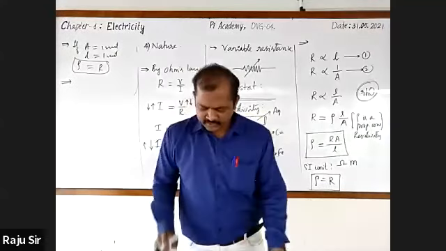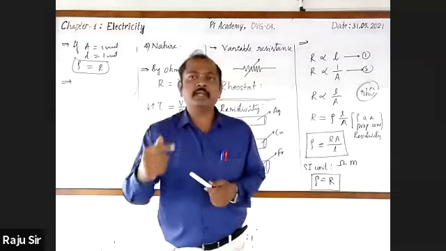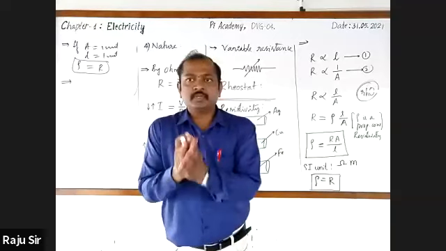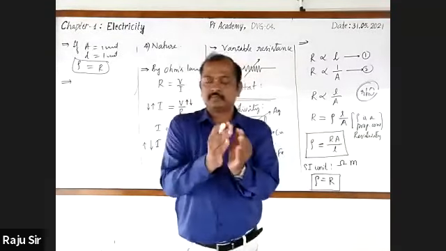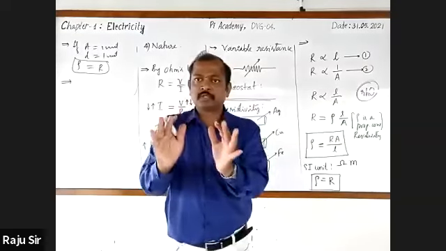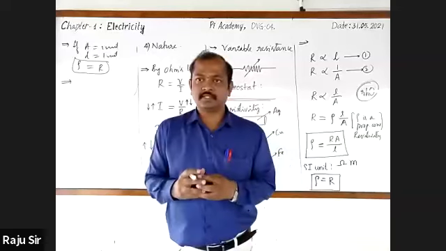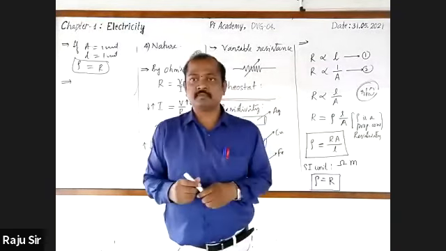Further information with respect to resistivity: this resistivity is different from one material to another material. Whether they may be alloys or metals, both are conductors, right? They conduct electricity, and these have some range of resistivity.